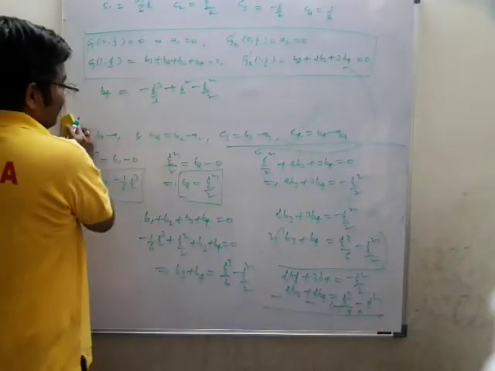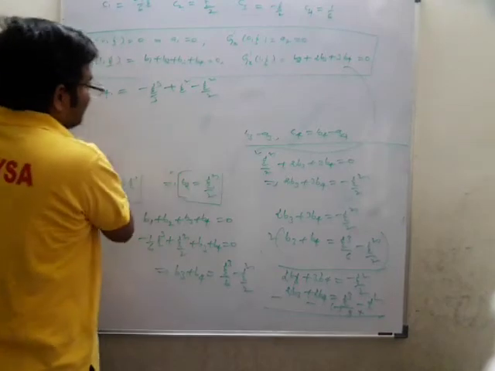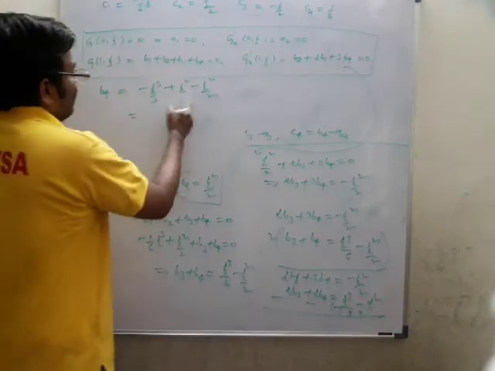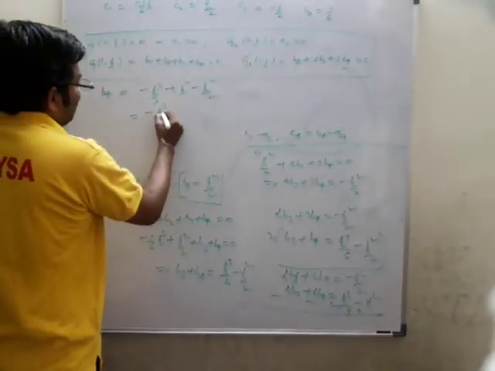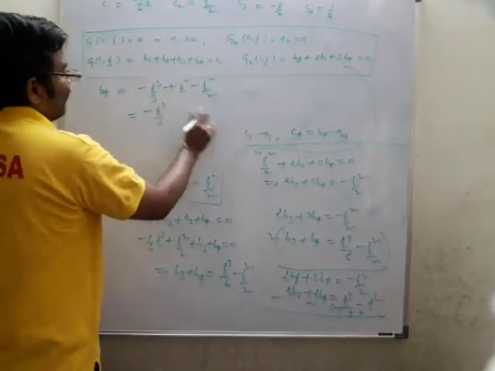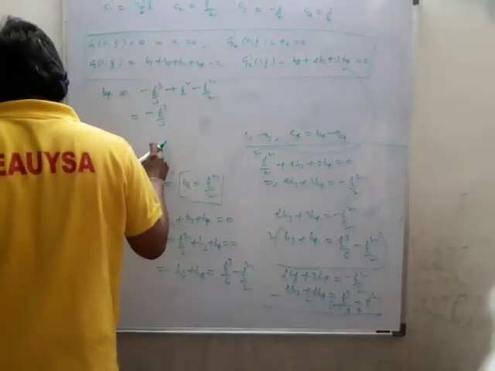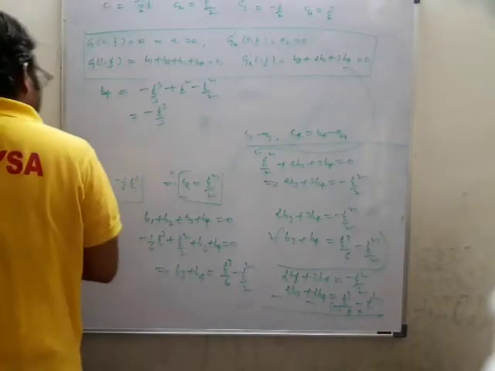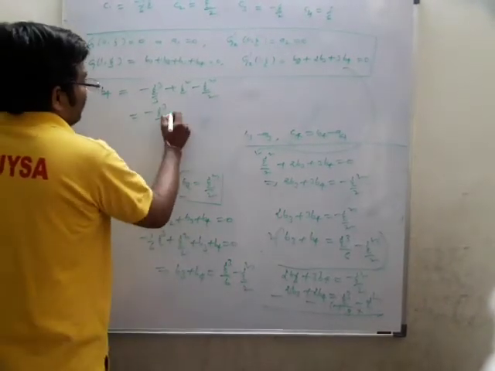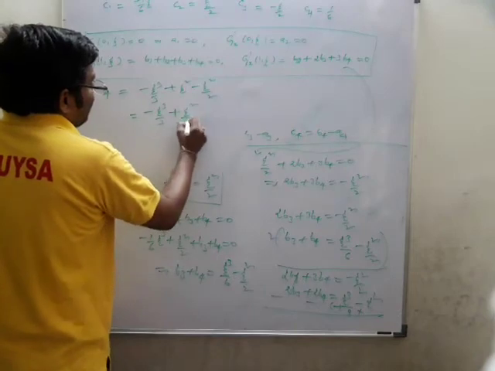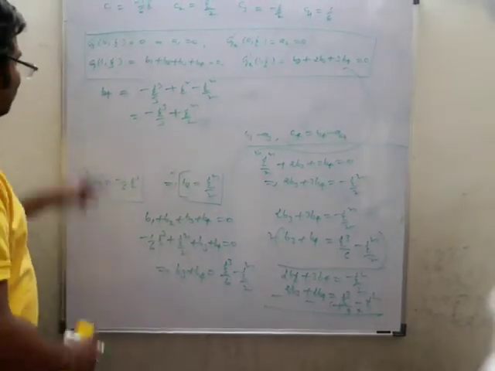So what I get is B4 equal to minus xi cube by 3 plus xi square by 2. I got it like this.